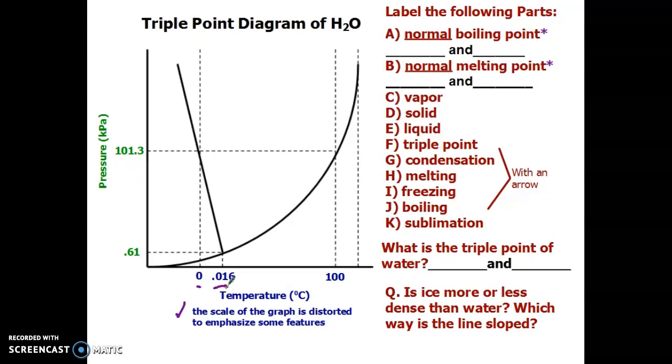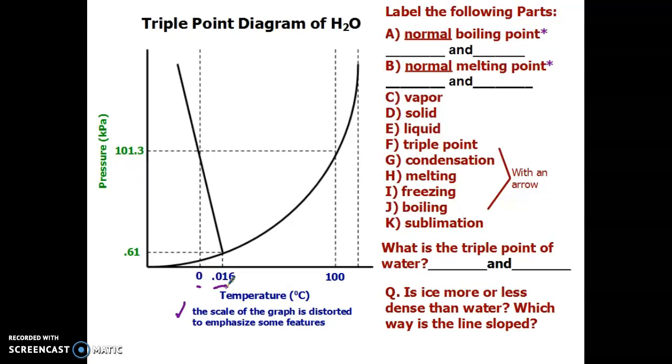There's only one place that water boils at 100 degrees, and that's at sea level, which is at 1 atmosphere, 760 millimeters of mercury, or 101.3 kilopascals. Now we're using kilopascals today, so we know normal boiling point for water happens at 101.3 kilopascals. And normal melting point of water would also happen at 101.3 kilopascals.